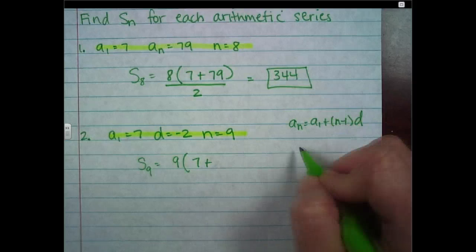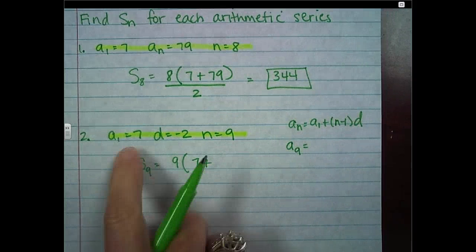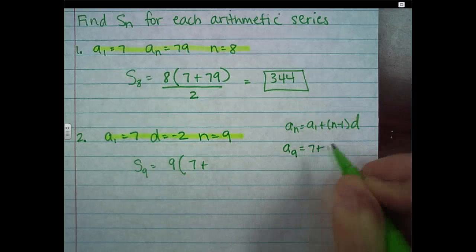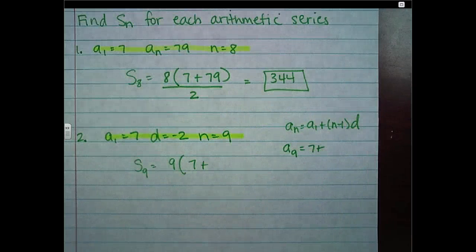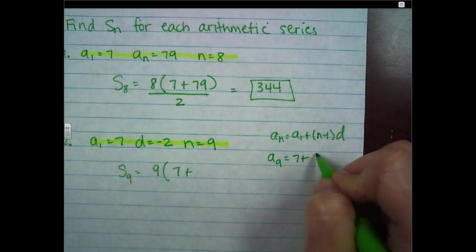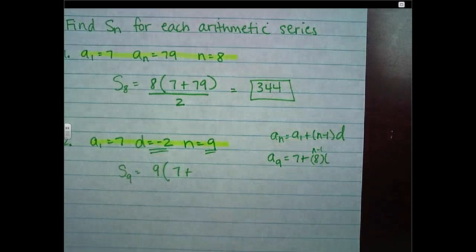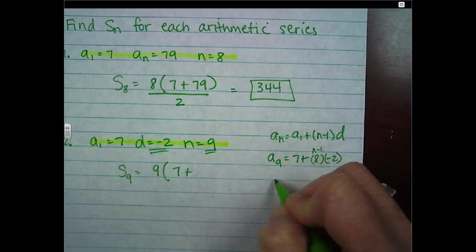So I'm looking for A sub 9, the 9th term, and it equals 7 plus how many jumps? You're going to start at 7. How many jumps are you going to make? N minus 1, right? We always say n minus 1, so 8. 8 jumps at how many per jump? -2. So what is your 9th term?